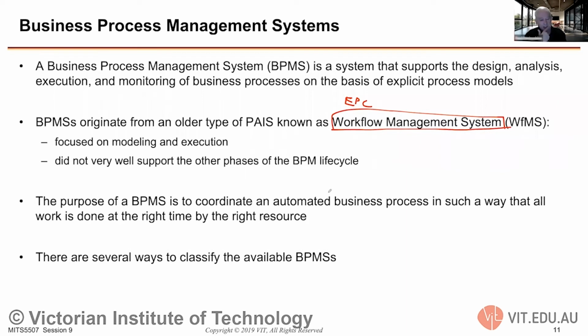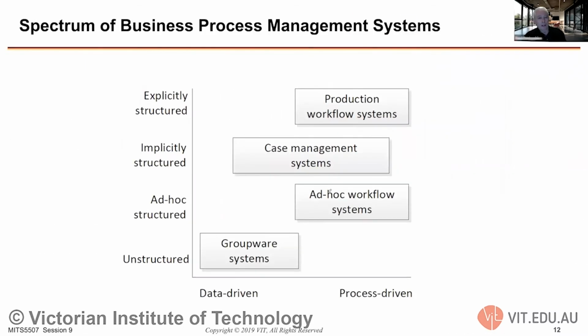Okay, now there are several different ways that we can use to classify business process management systems. And we can look at this table here. We've got classifications down the left-hand side, and they can further be grouped into what we call data-driven or process-driven. So they can be classified as unstructured, ad hoc structured, implicitly structured, or explicitly structured.